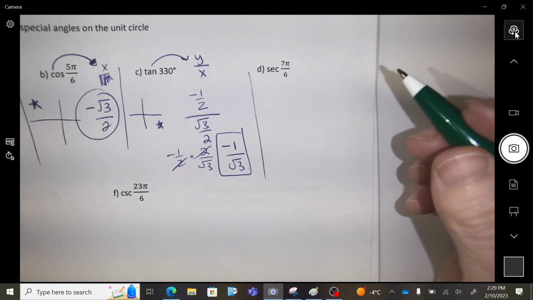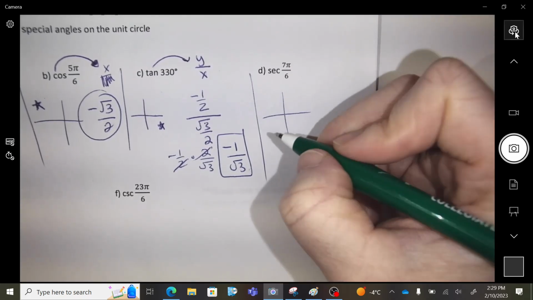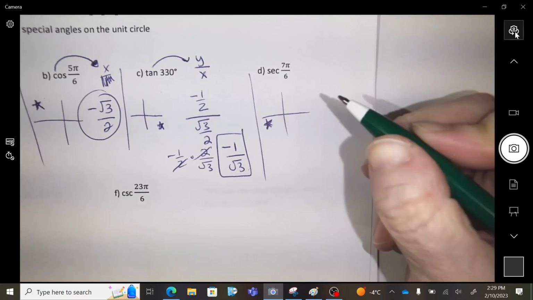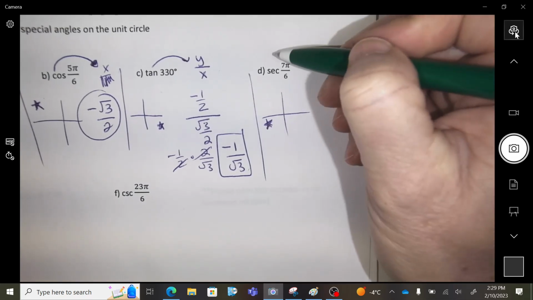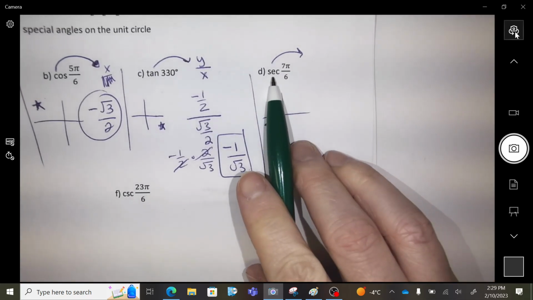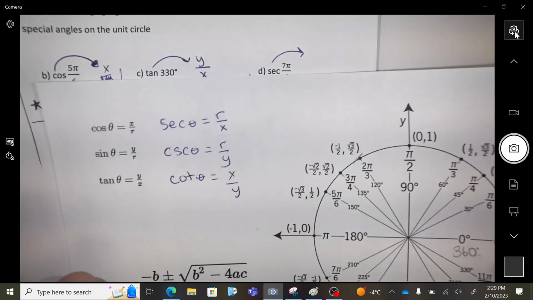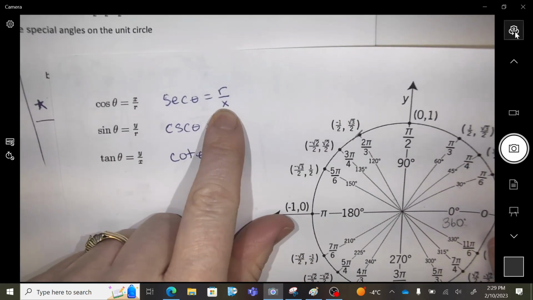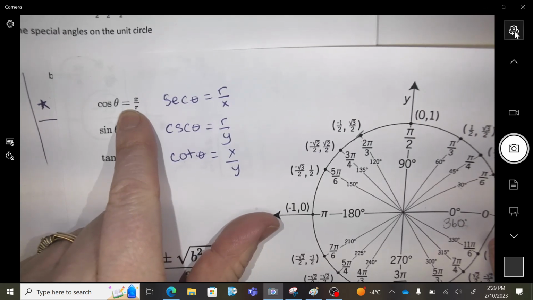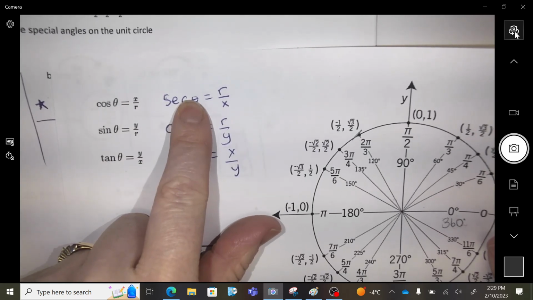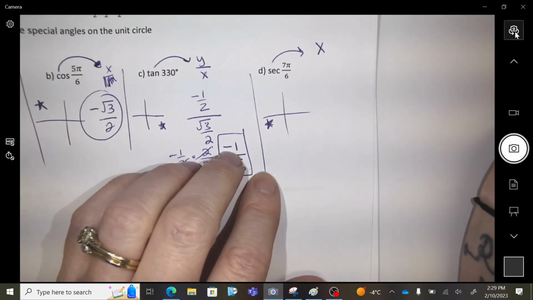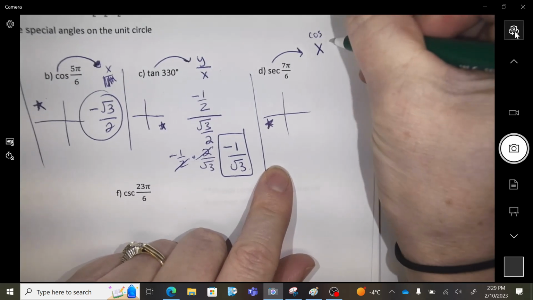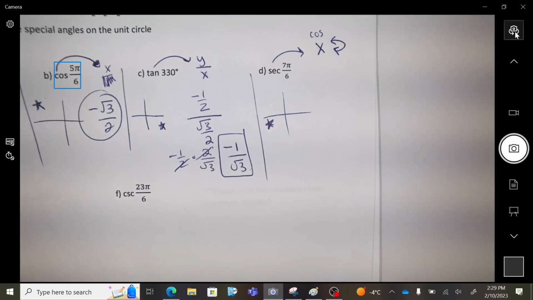Okay, so what does it do when I put in one of the new functions, so secant? So first, look at your location. So your eyes should be here, 7 pi over 6. Secant, I'm not going to write the letters down. I'm just going to understand that it's the flip of cos. So what I'm going to do is I'm going to take the x coordinate, which is cos, and I'm going to flip whatever I see as the x.